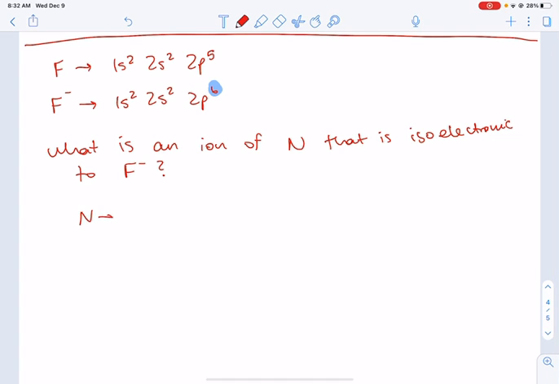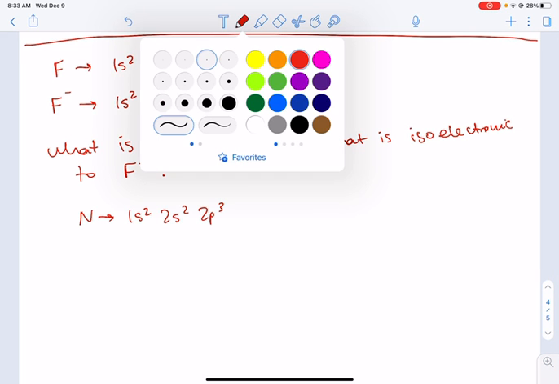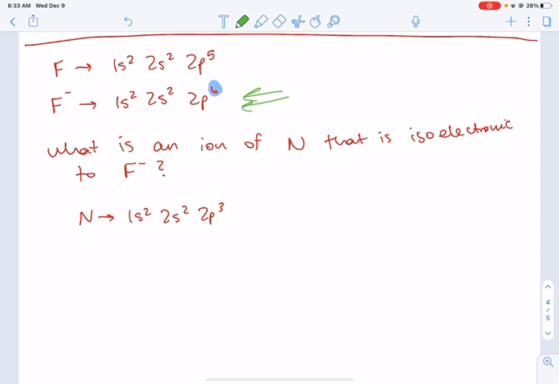So let's think. Nitrogen is normally 1s2, 2s2, 2p3. So we want nitrogen's electron configuration to look like that of fluorine F minus. So how many electrons do we need to add so that they end up looking the same?